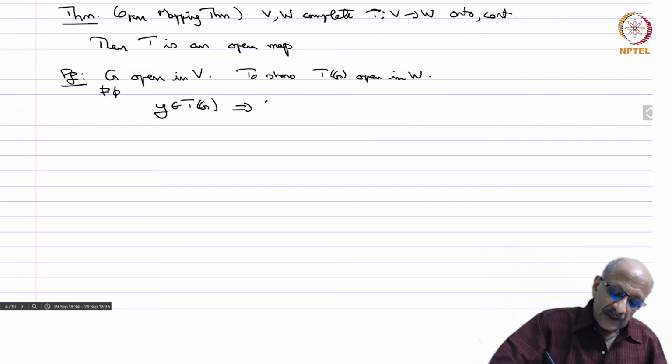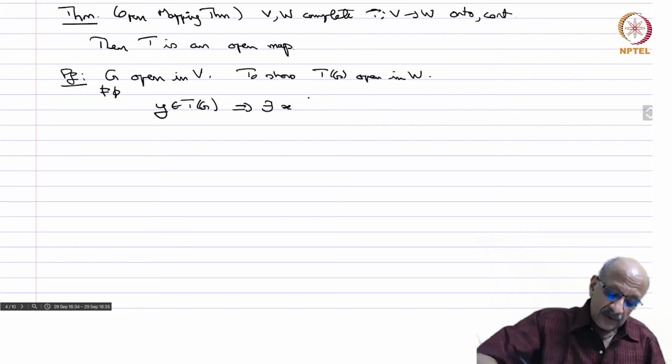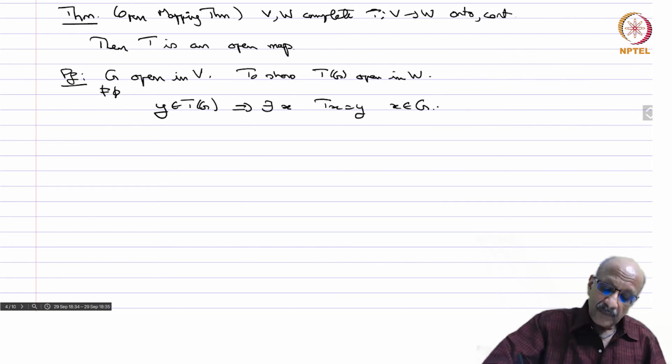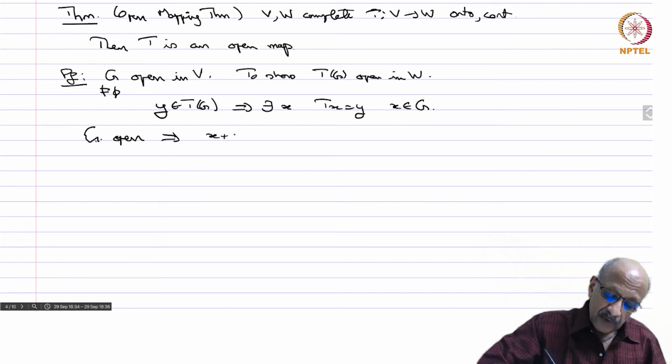This means that there exists an X, because T is onto, such that Tx equals Y and X is in G. Now G is open, which implies X plus B(0,R) is contained in G.